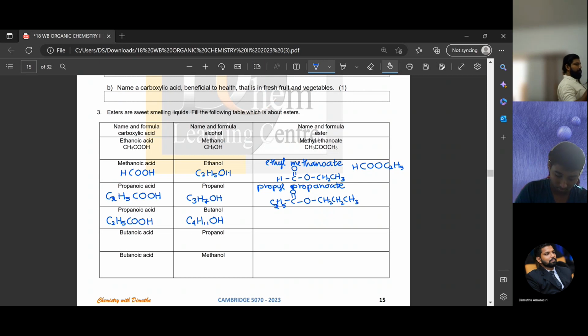Right? C4H9 here. So then the answer is C2H5 C double bond O C4H9. Right? So this is butyl propanoate. Butyl propanoate.